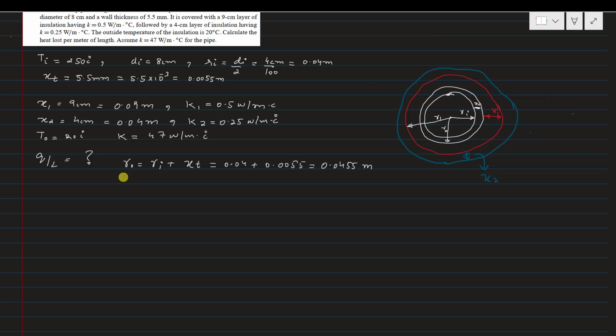So I can say that R1 is equal to R0 plus x1, the thickness of the first insulation. So R0 is 0.0455 plus x1, that is 0.09. After adding, you will get its value, that is 0.1355 meter.